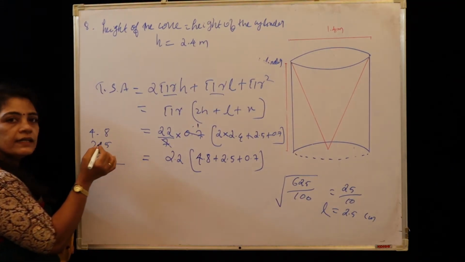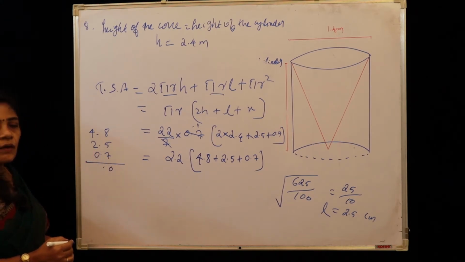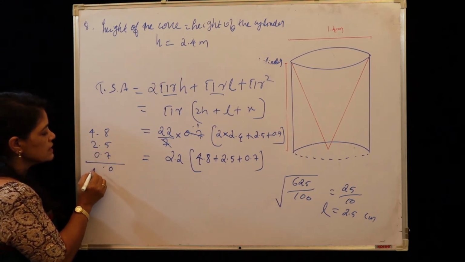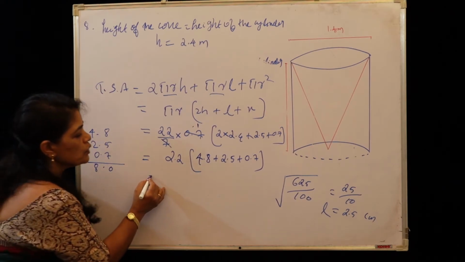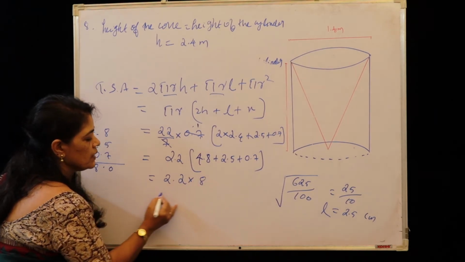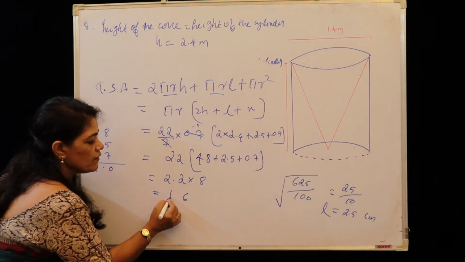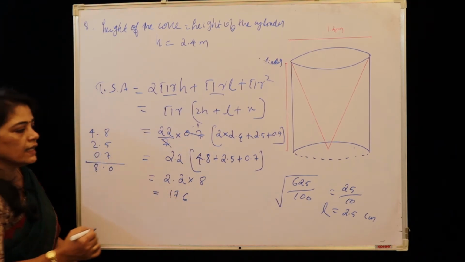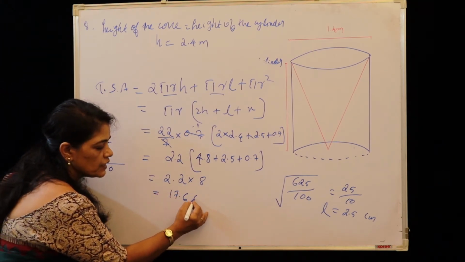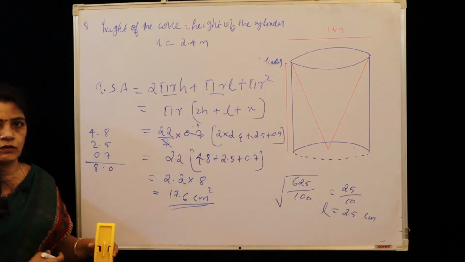So 12 and 8 is 22, carries. Then 6 and 8. So 2.2 into 8, that is 16, 1 carries, 17. That is 1 decimal point to the left, that is 17.6 centimeter square.